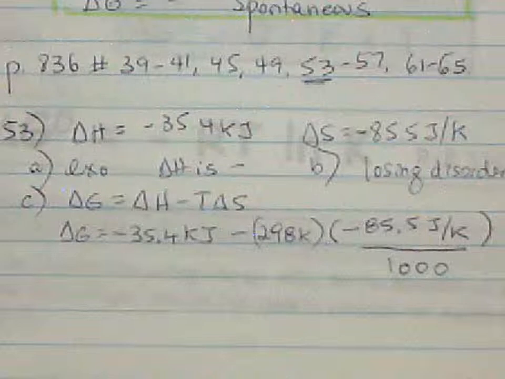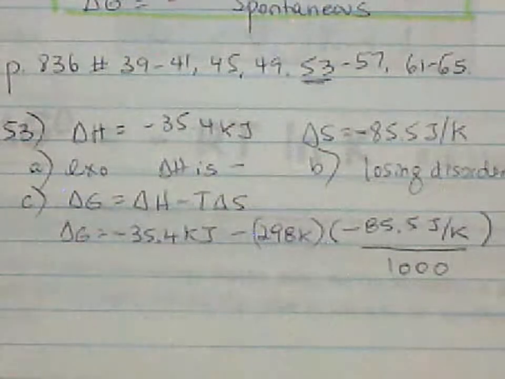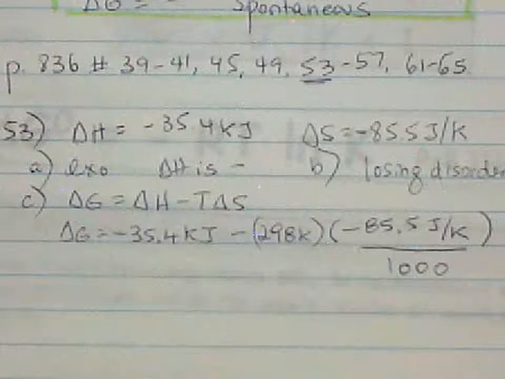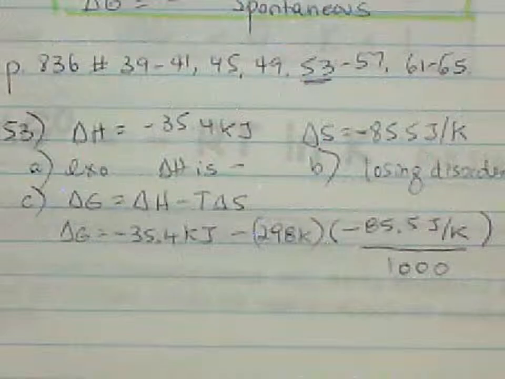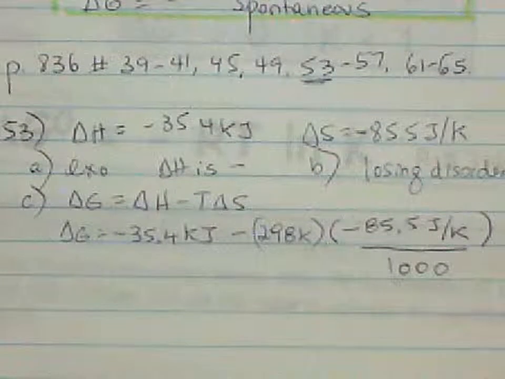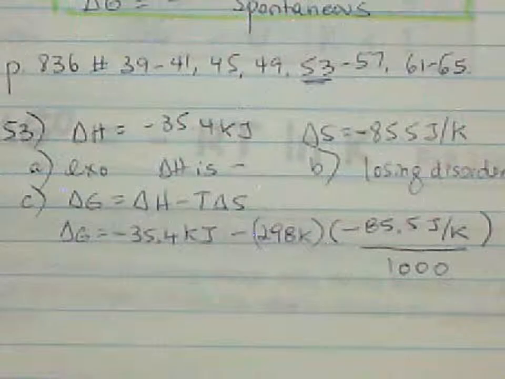Okay, so let's take a look here. Negative 35.4 minus 298 times negative 85.5 divided by 1,000.